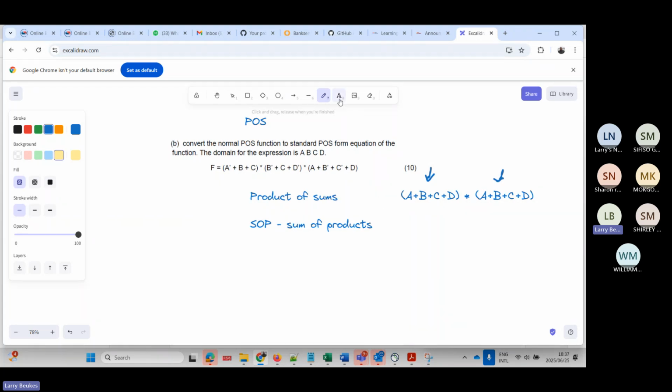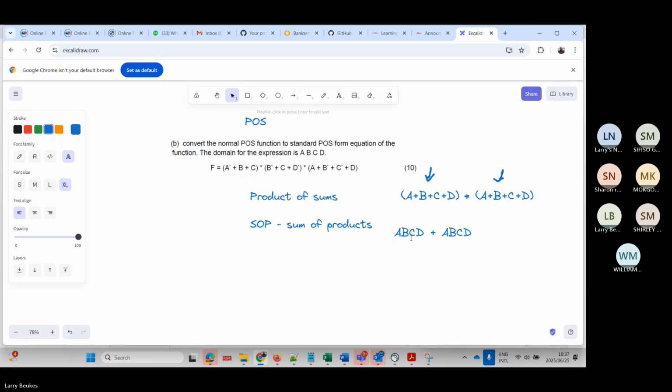And then SOP is sum of products. So a product is the result of multiplication. So instead of addition here, we're going to multiply A, B, C, D. So what is SOP? Sum of products, right?